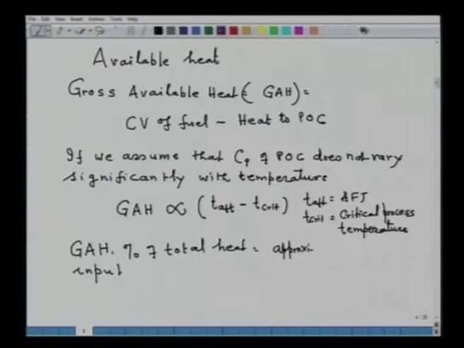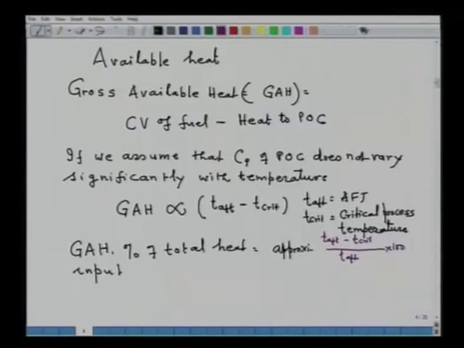So, that will be equal to TAFT minus T critic, divided by TAFT into 100. So, this is the gross available heat in terms of percentage total heat input.